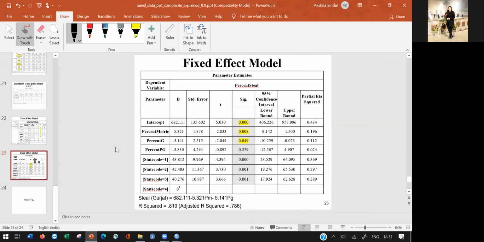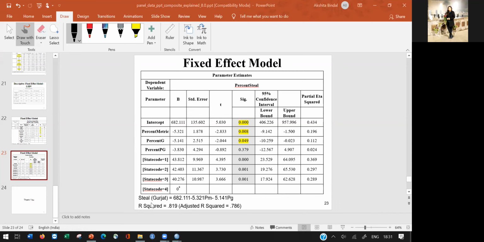What happens is, as I told you, in my LSDV analysis I took Delhi as the reference variable, so my intercept term was according to Delhi. But in this model, state code 4 is being taken as the dummy variable, so my intercept term is 682.111.